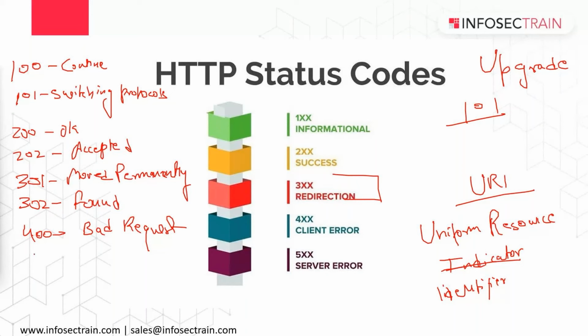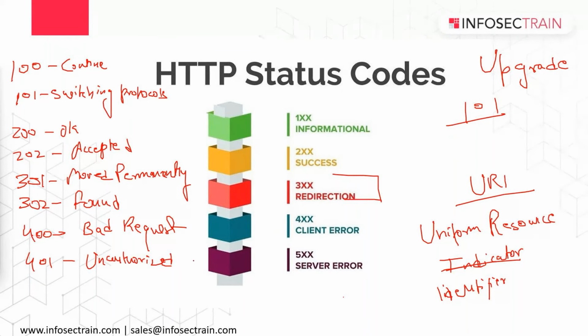Then 401. 401 stands for unauthorized. Unauthorized means that you are not allowed to access this resource which you are trying to access. And unauthorized here does not actually mean unauthorized.